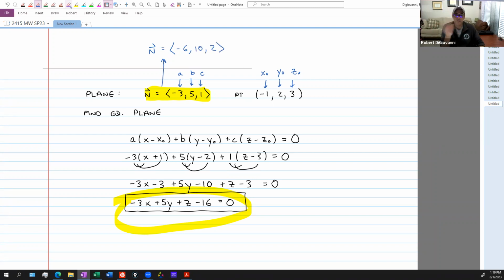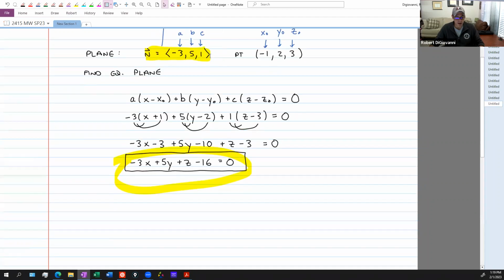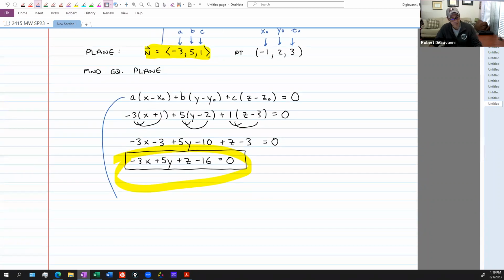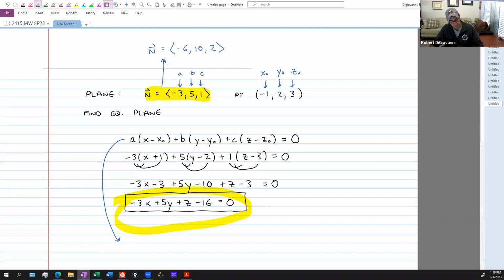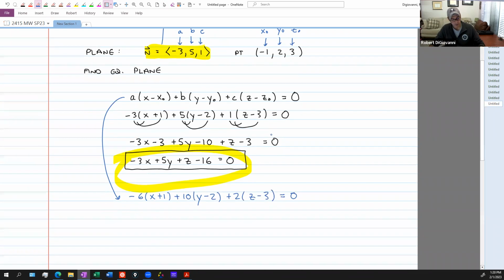That would still be a normal vector because it's parallel to the one we just had. So if you use those numbers instead, you would get negative 6 times x plus 1. We're using the same point. Then plus 10 times y minus 2, and then plus 2 times z minus 3 equals 0.